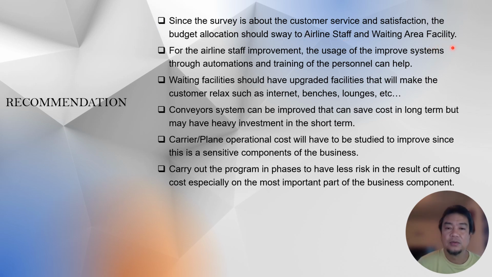For the airline staff improvement, the usage of improved systems through automation and training personnel can help. Waiting facilities should have upgraded facilities that will make the customer relax, such as internet, benches, lounges, etc. The conveyor system can be improved, which can save costs in the long term, but may need heavy investment in the short term.